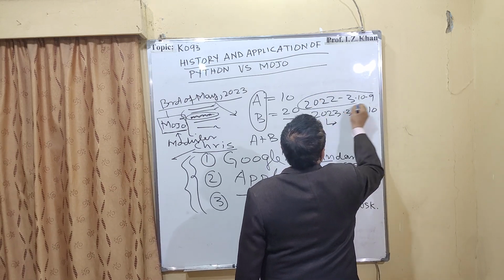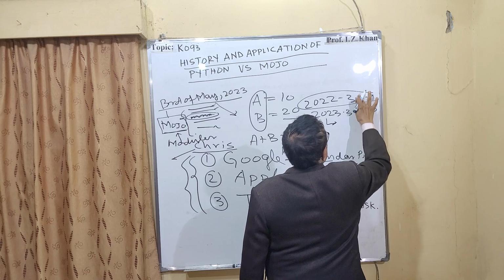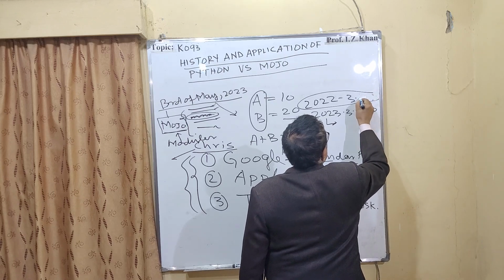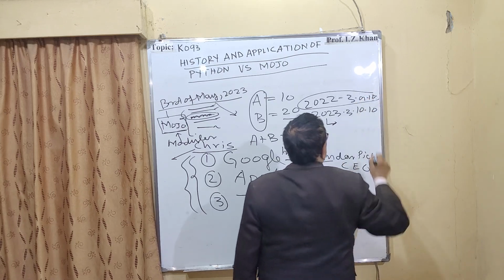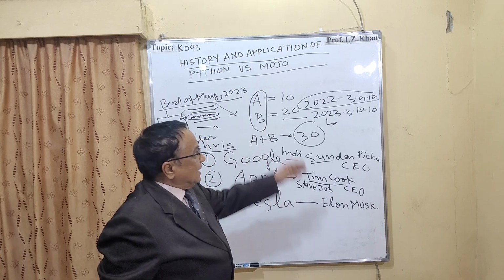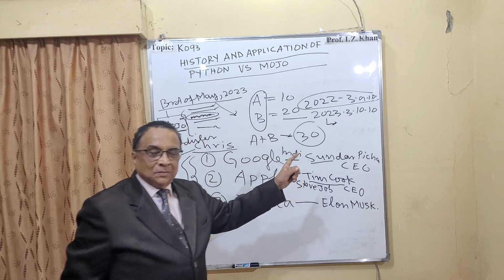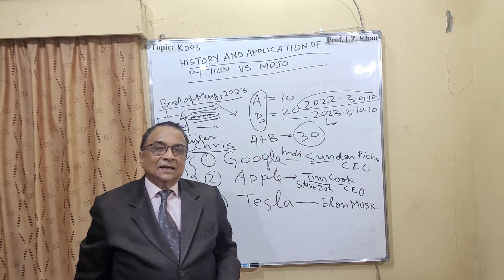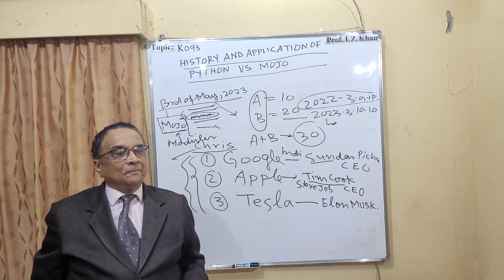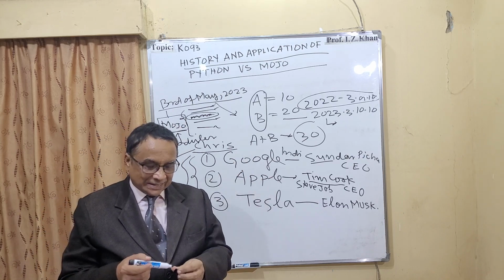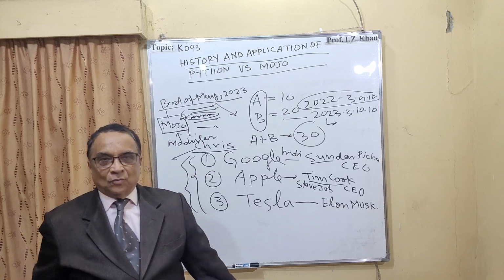These are all versions. So anyway, it went on improving from 1 to 2 to 3, and today's one is 3.10.10. All these applications I am going to give one by one.